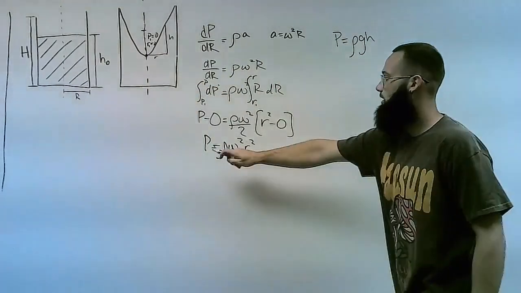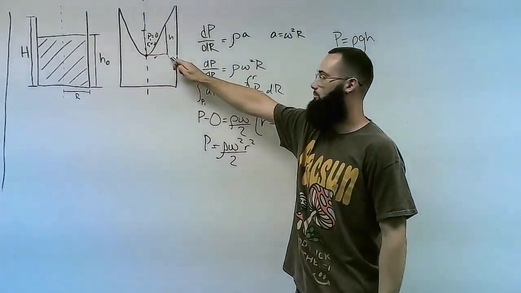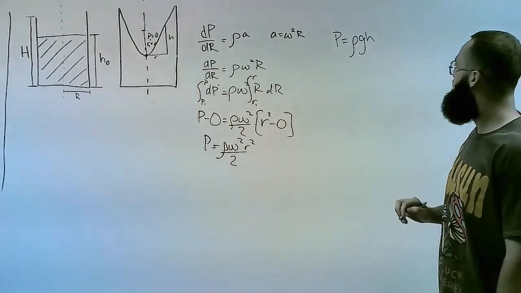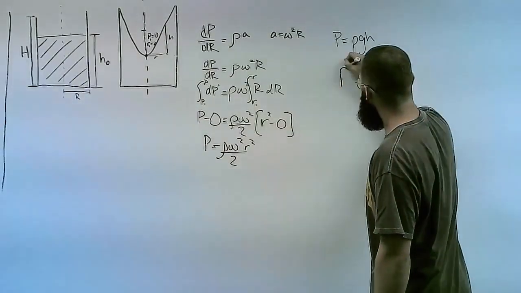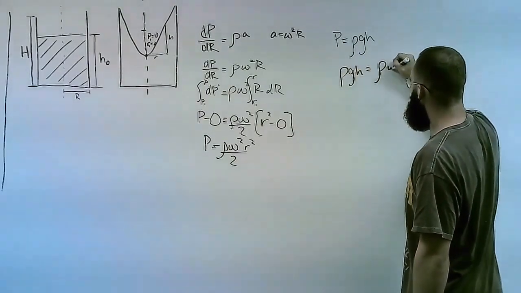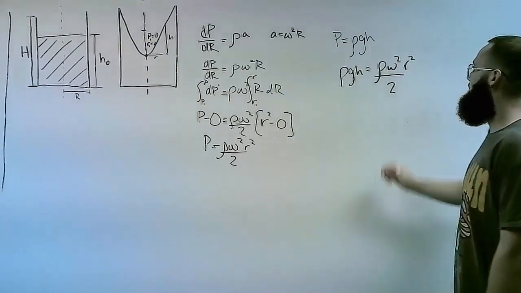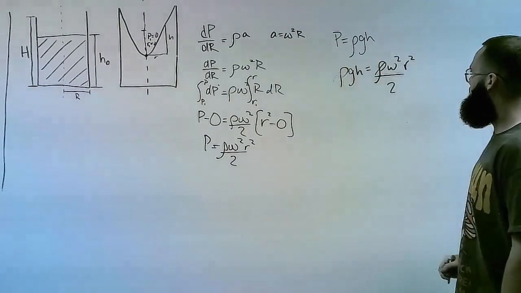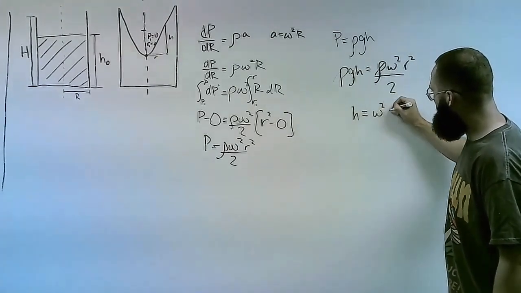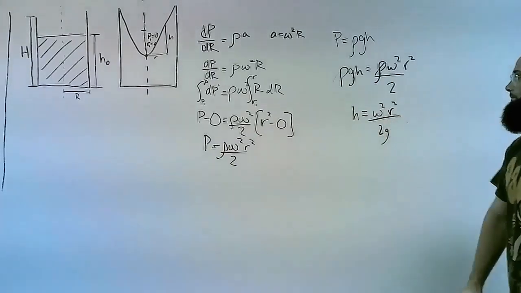So we have a pressure on either side, and since we can only have one singular pressure at this point, the vertical and the radial pressure have to be equal to each other. So we set these equal. We get rho gh is equal to rho omega squared r squared over 2. Very quickly, these rho's cancel, and we're left with h is equal to omega squared r squared over 2g.